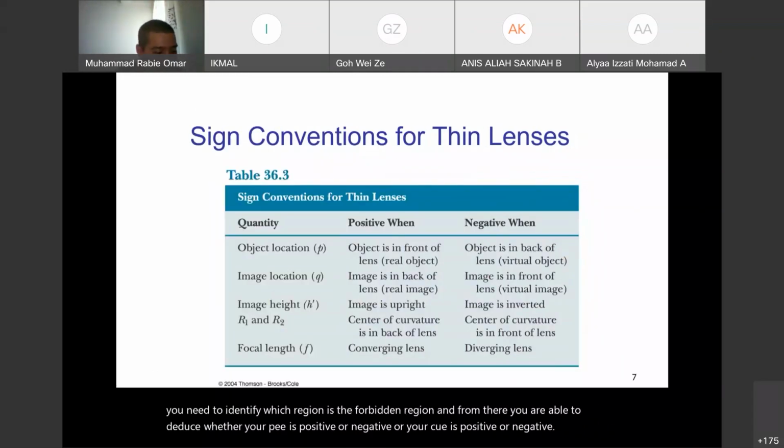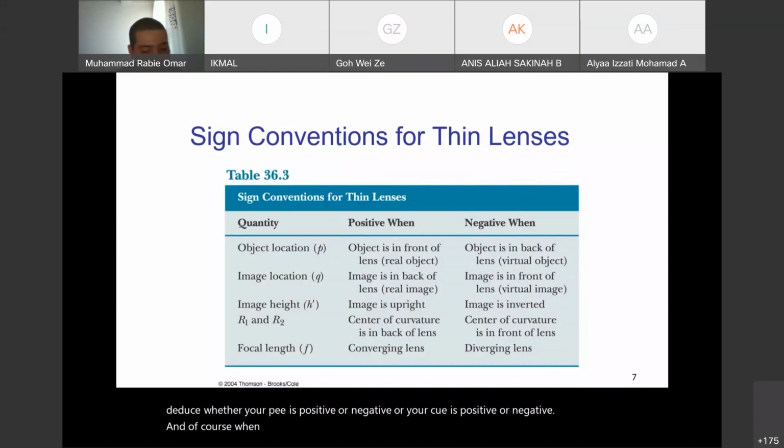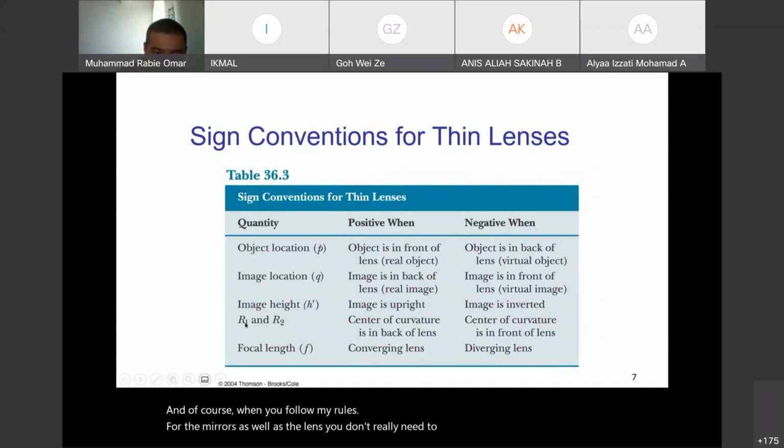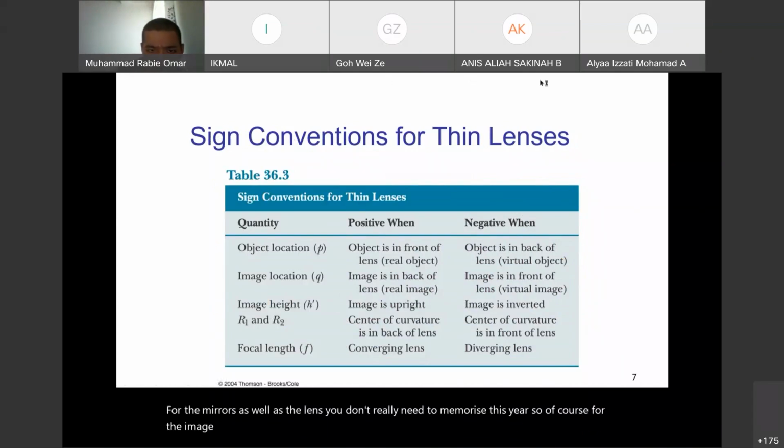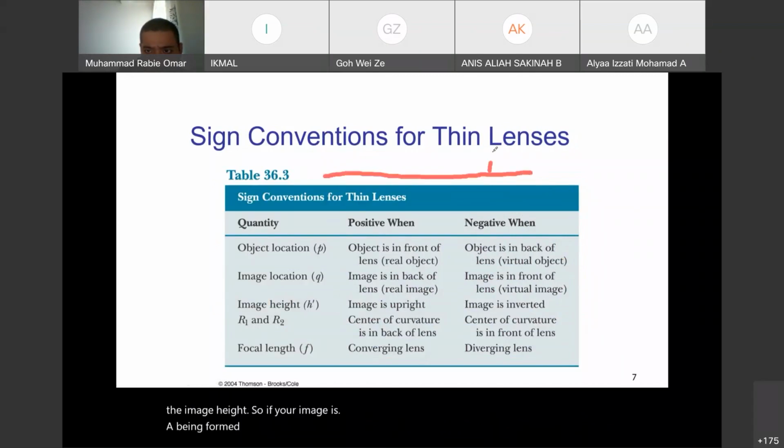And of course, when you follow my rules for the mirrors as well as the lens, you don't really need to memorize this here. So of course, for the image height, if your image is being formed above the principal axis, then your image height is positive.